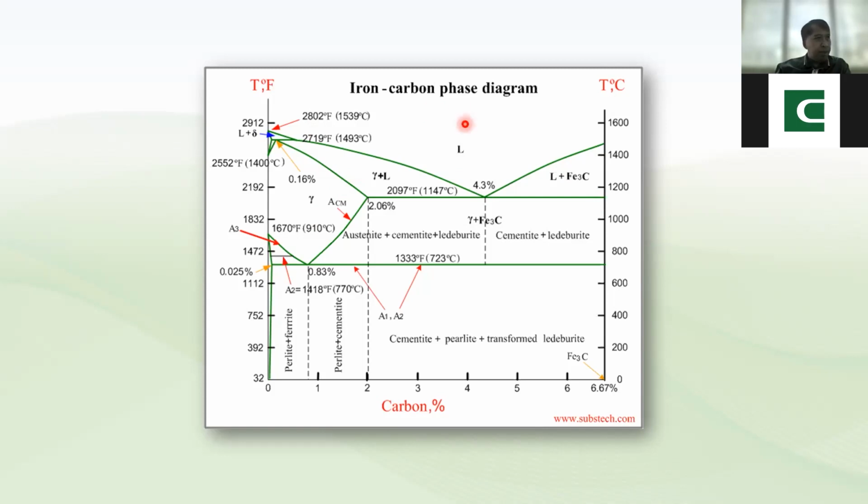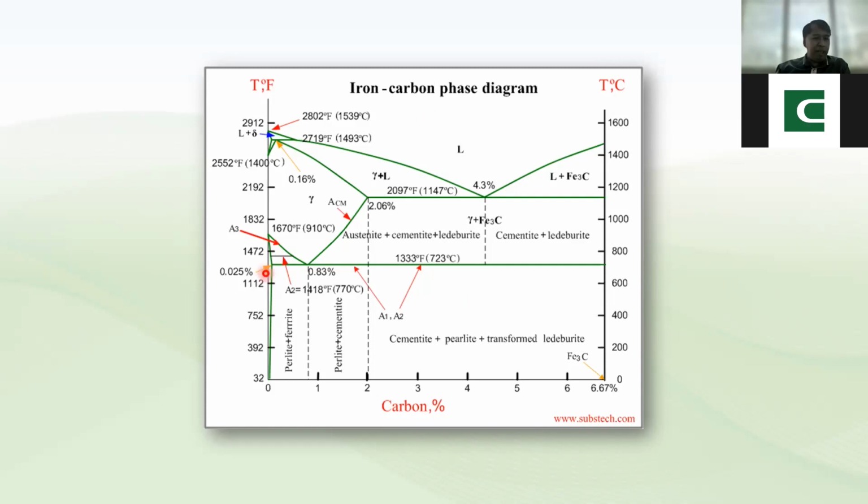So anong ibig sabihin nun? Hindi lang pala solid ang bakal. Solid ang bakal at low temperature, pero habang tumataas ang temperature, pwede siya maging solid liquid, pwede siya maging full liquid. Sa post-weld heat treatment, kailangan hindi tayo umabot sa liquid stage.